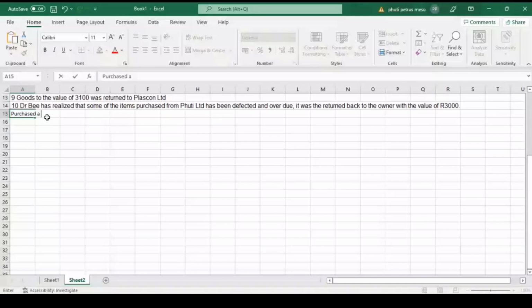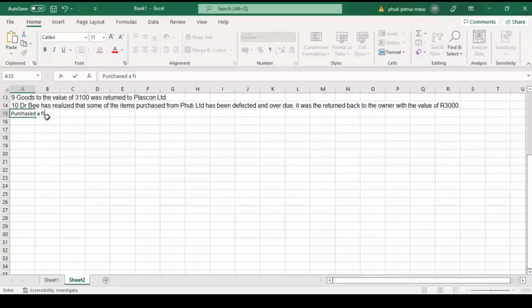We purchased furniture on credit for office use. A part of inventory has been traded, 60,000 rands. So this is when we recognize that this transaction doesn't fit in any of the journals.